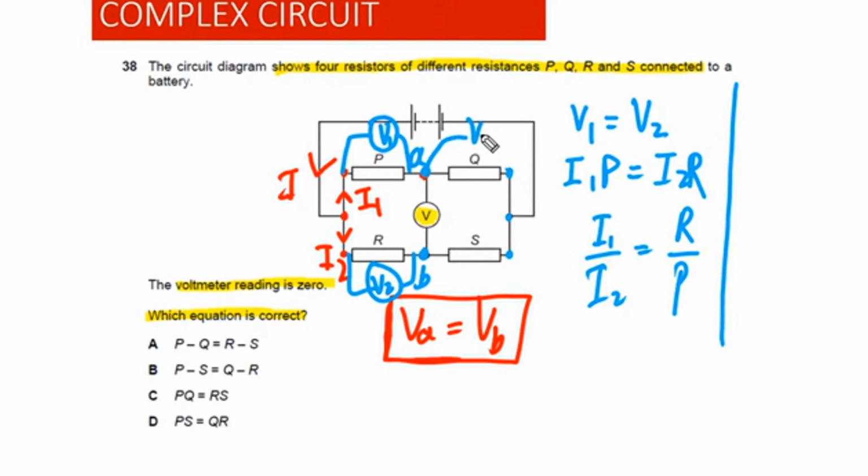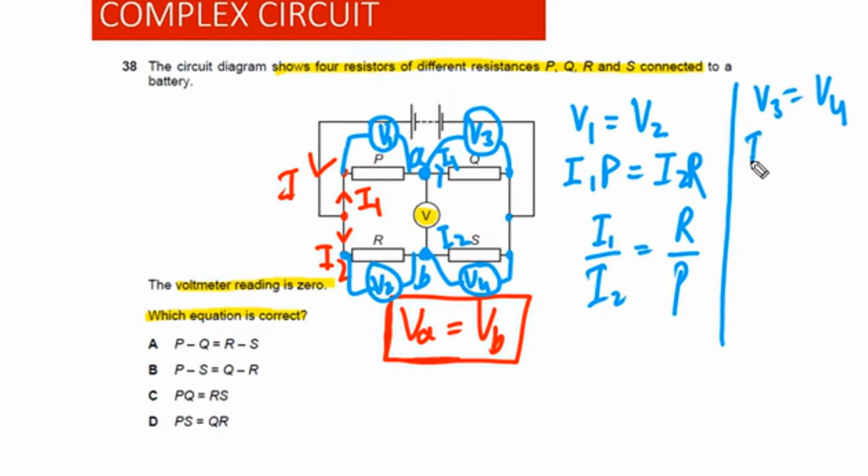So we can attach another voltmeter across this resistor Q and another voltmeter across resistor S. From here we can simply conclude that V3 has to be equal to V4. As you can see, there is no potential difference between A and B. It means the same current I1 is passing through Q and the same current I2 is also passing through S. I2 means the same current through resistor R.